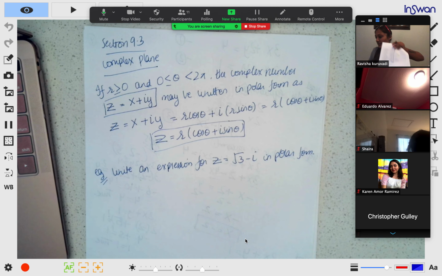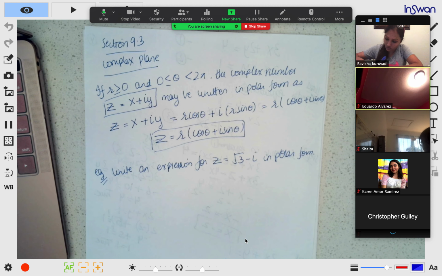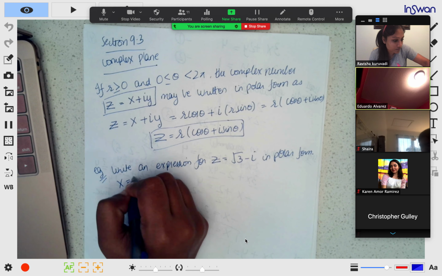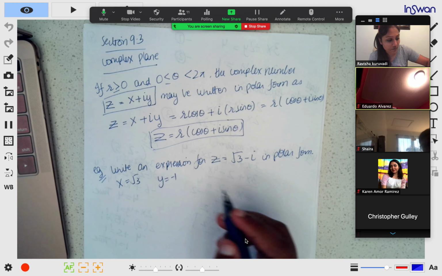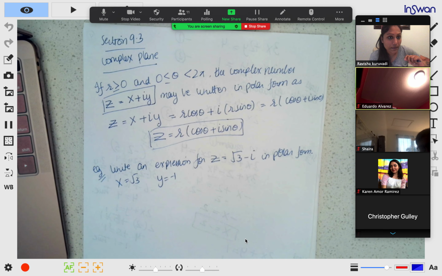So you need to write this in polar form. Can I have Eduardo? Okay, Eduardo. What's my x and what's my y? Your x is going to be root 3 and your y is going to be -1. Negative 1. Perfect.